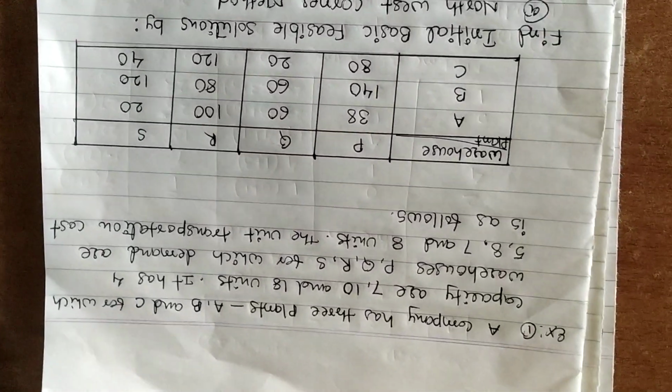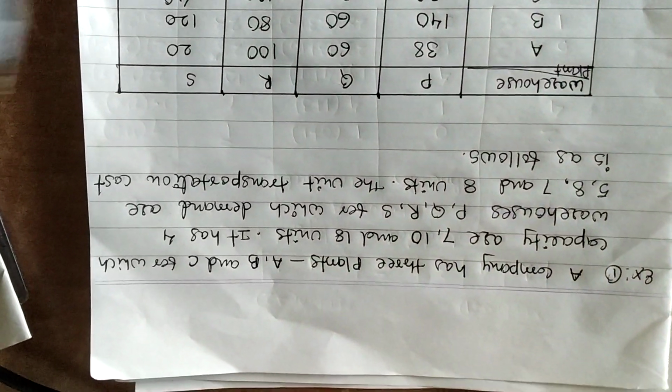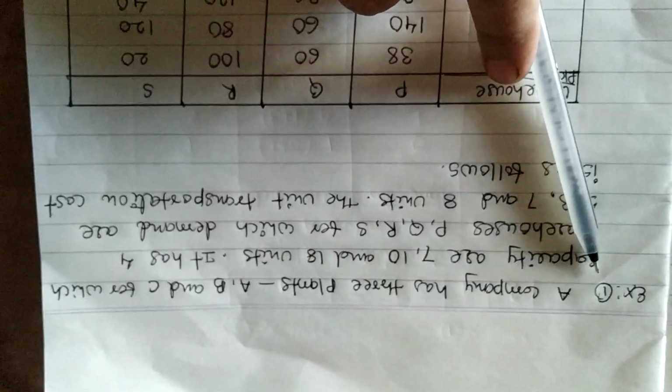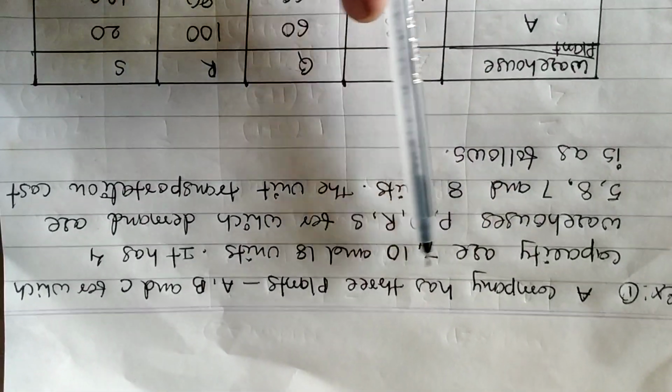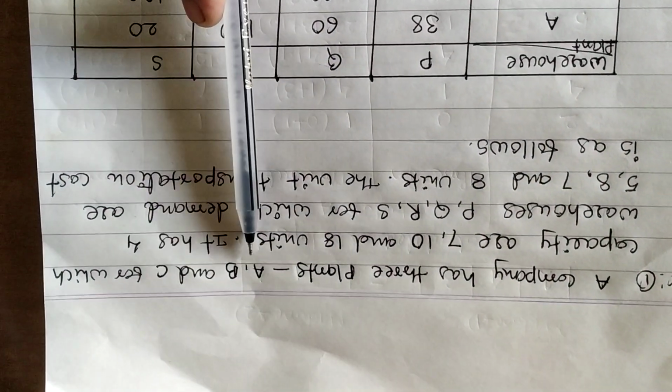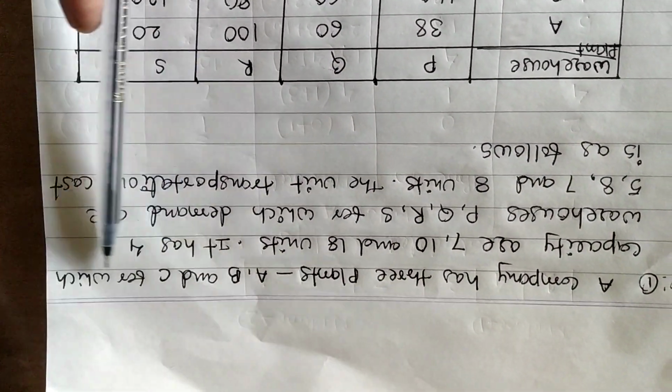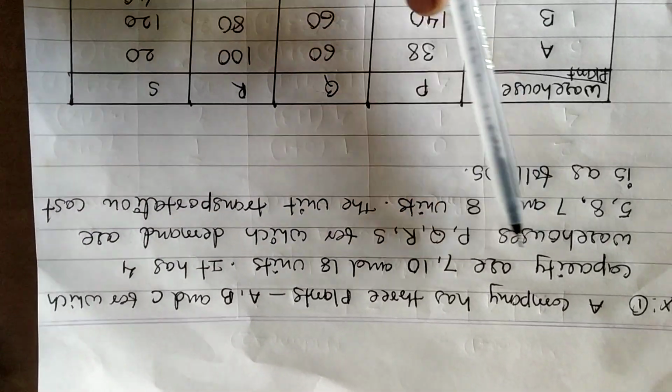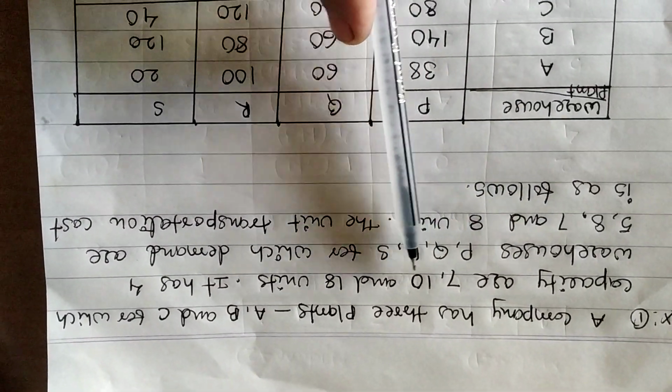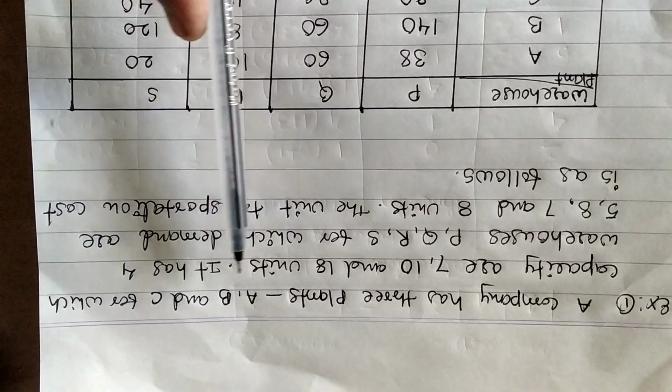Now the first problem. Problem 1. A company has 3 plants A, B and C whose capacities are 7, 10 and 18 units.